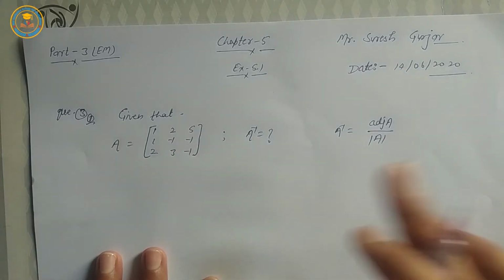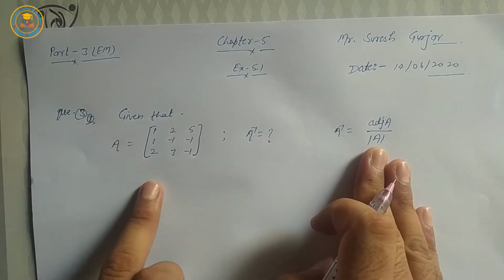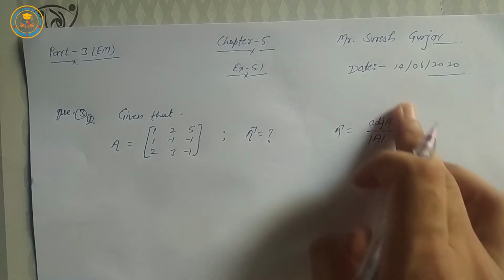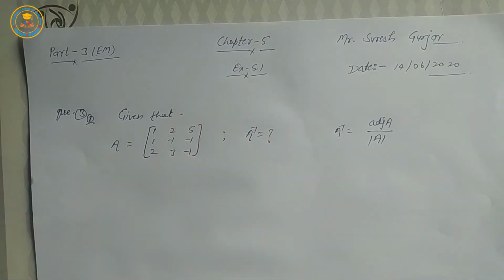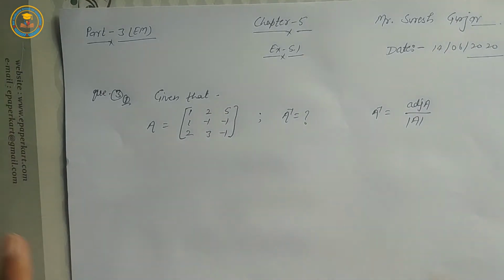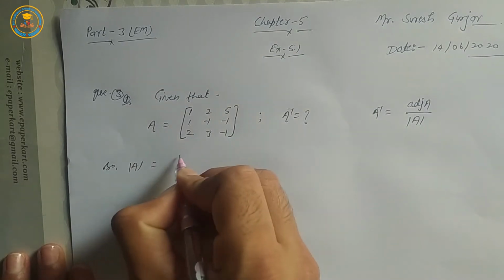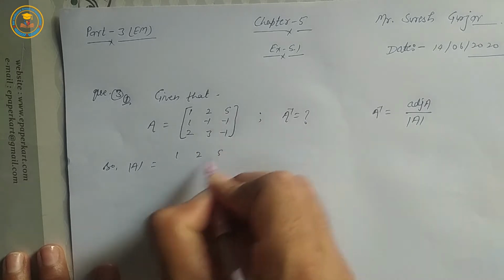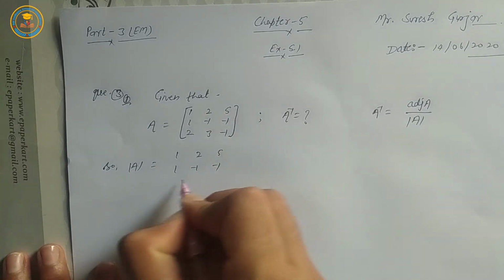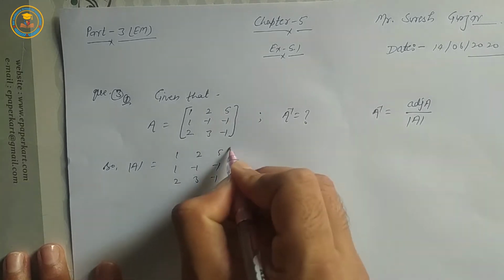Okay. Before that, find determinant A and adjoint A. So determinant A is equal to the determinant of 1, 2, 5; 1, minus 1, minus 1; 2, 3, minus 1.